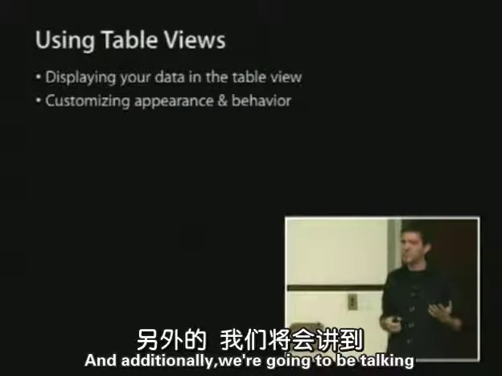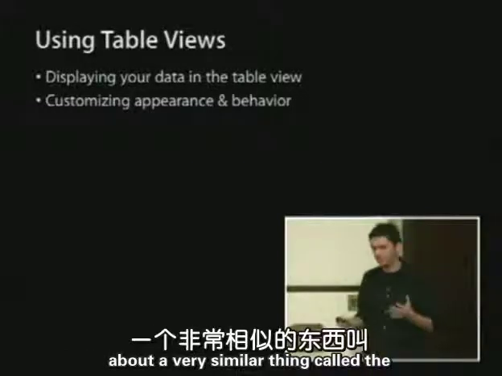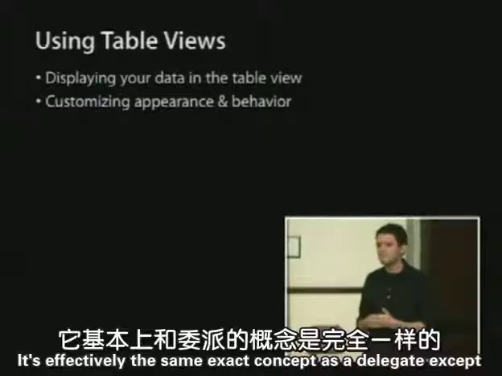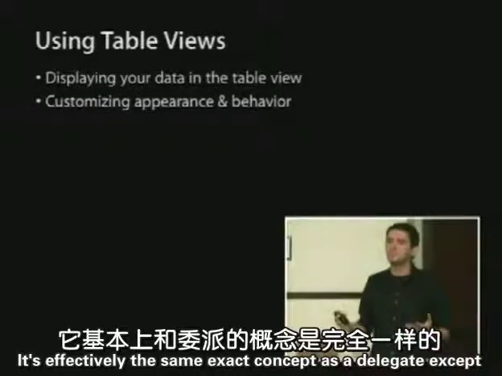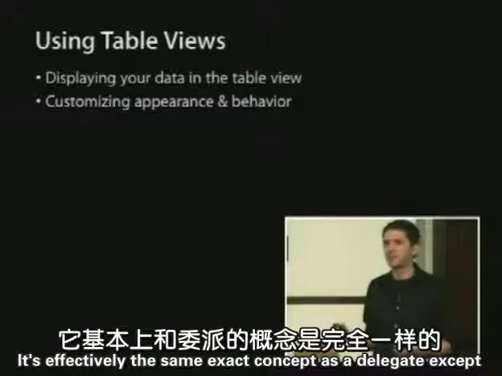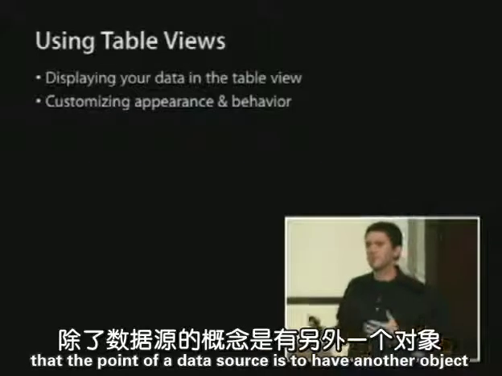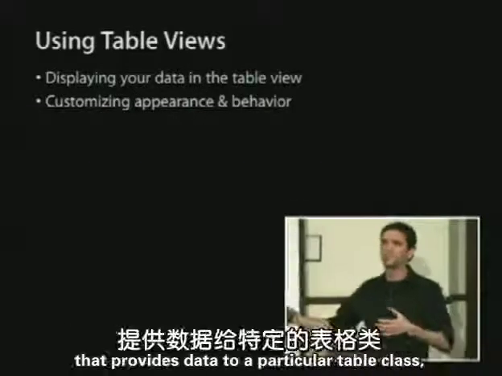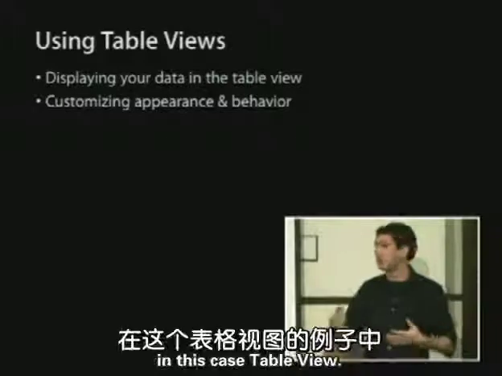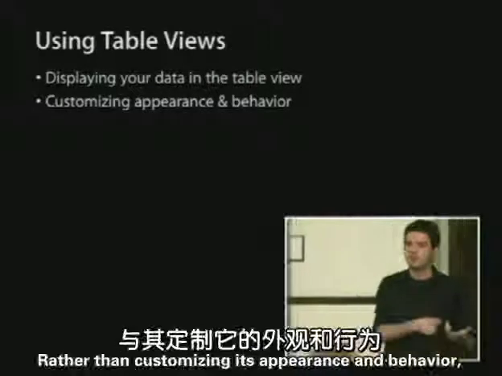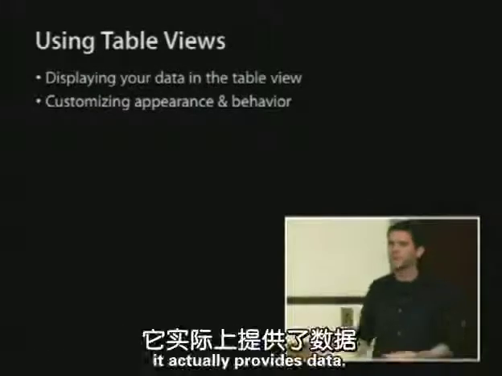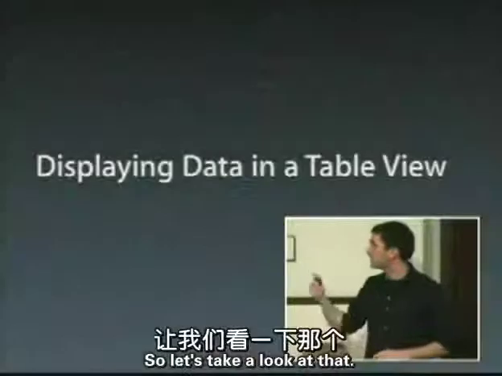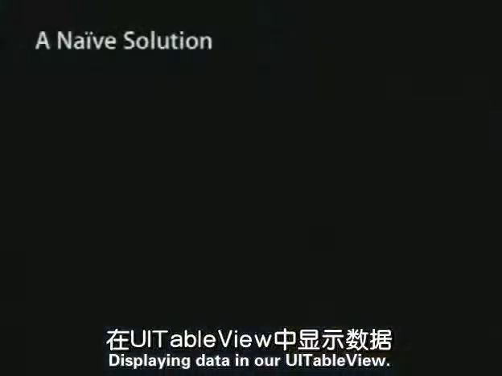And additionally, we're going to be talking about a very similar thing called a data source protocol. It's effectively the same exact concept as a delegate, except that the point of a data source is to have another object that provides data to a particular class, in this case table view. Rather than customizing its appearance and behavior, it actually provides data. So that's the data source. So let's take a look at that. Displaying data in our UI table view.